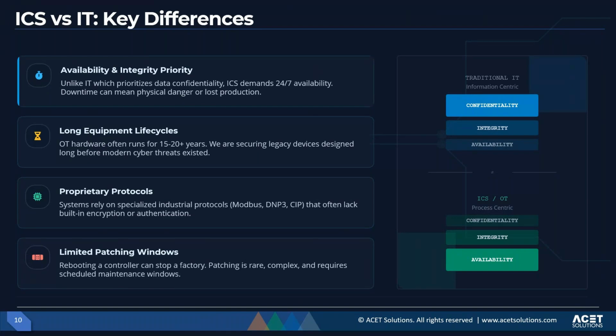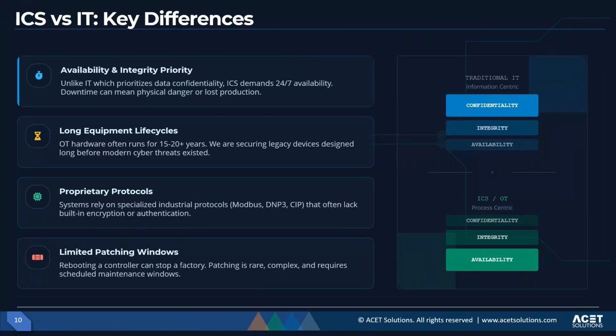In ICS environments, equipment often needs to run continuously, sometimes for decades, without interruption. Shutting down for frequent updates or patches simply isn't an option because it could halt production, disturb critical services, or even create safety risk.